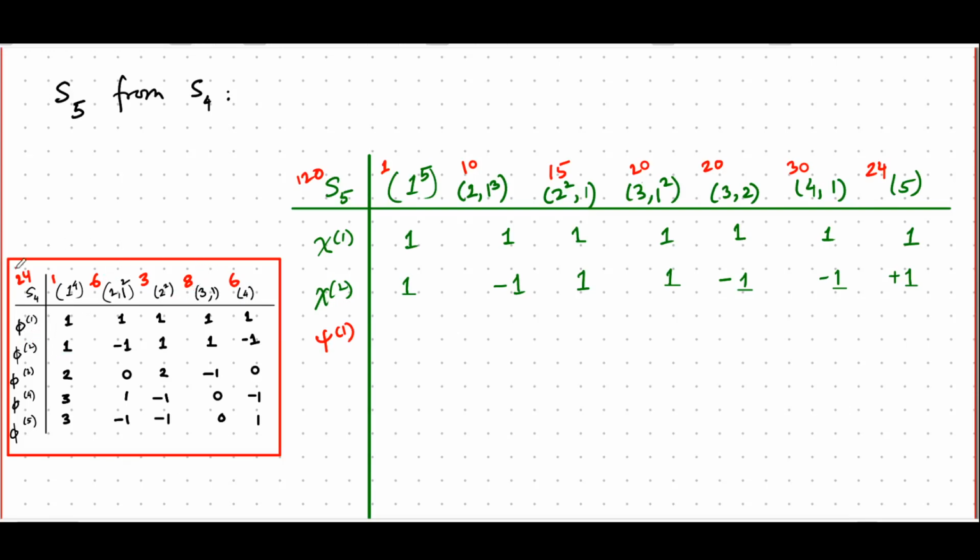Now we are really thinking of S4 as a subgroup of S5. Before we fill in the numbers, let me just point out that there are classes in S5 which definitely have no elements in the corresponding subgroup of S4. Here, we are thinking of S4 as that subgroup that we get when we consider the last element of S5, element number 5, fixed.